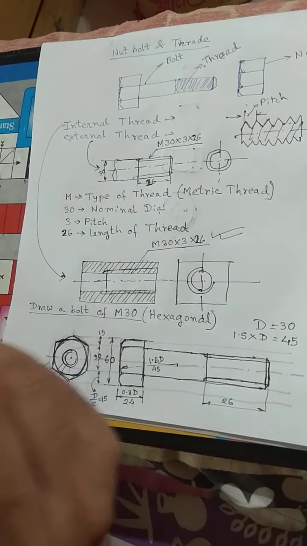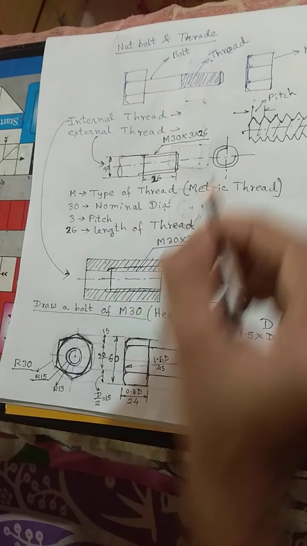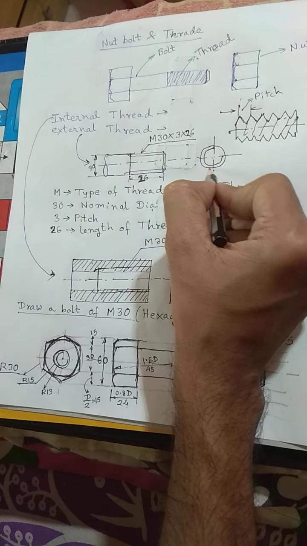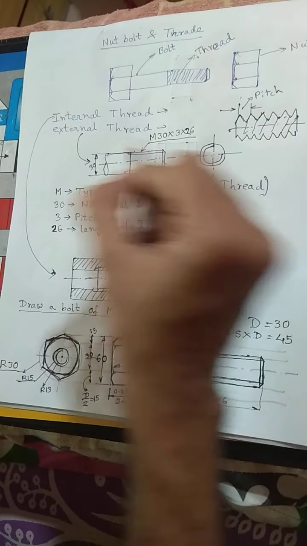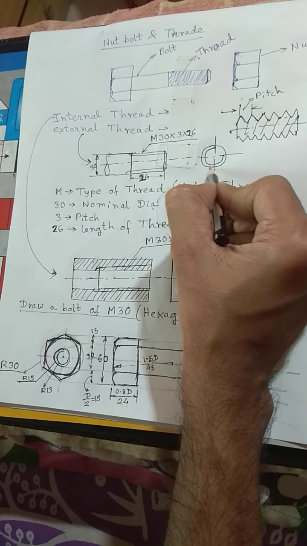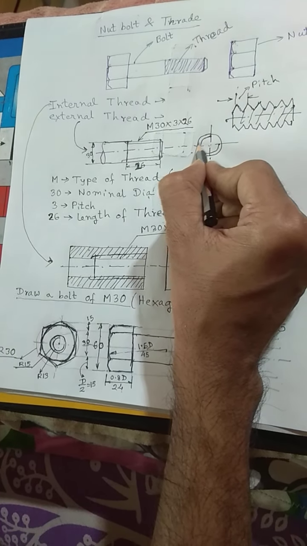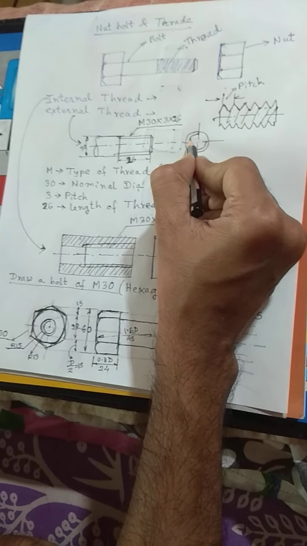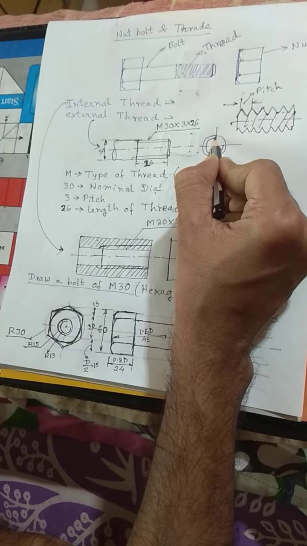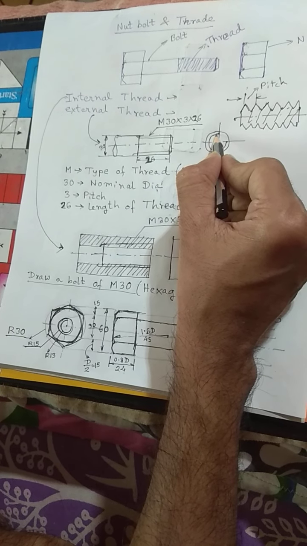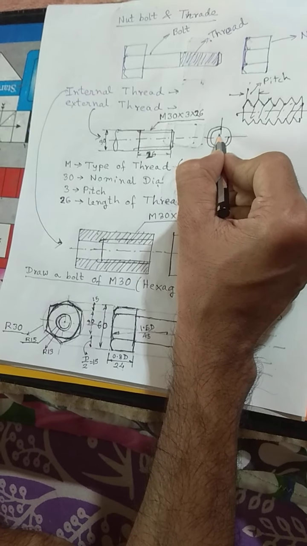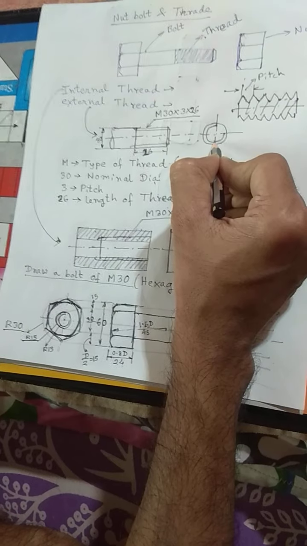Okay. Now you have to remember one thing. The main circle will be the nominal diameter. That means the main circle which is 30 diameter, and the 3/4 circle will be less than 30. If we reduce it by 2 millimeter, then the circle diameter will be 26.